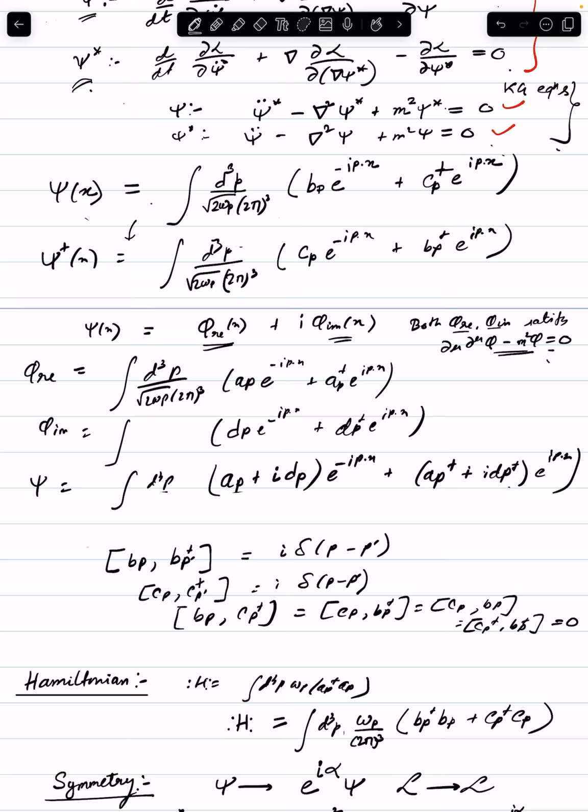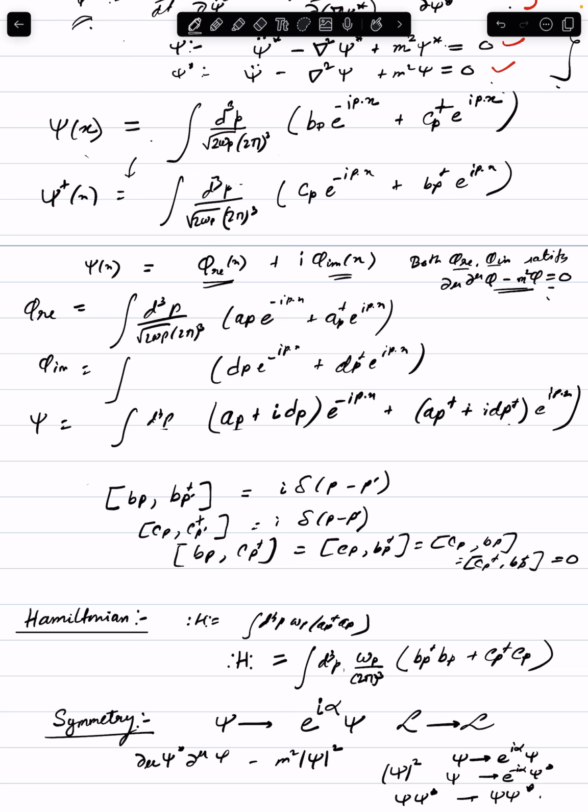For phi real we call the creation annihilation operators a_p, and for phi imaginary we can call them d_p. So when I put this psi back together using this, I have one term which has a_p plus i d_p, and another term which is a_p dagger plus i d_p dagger.